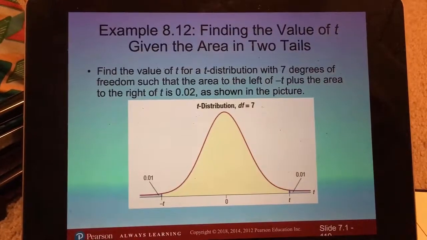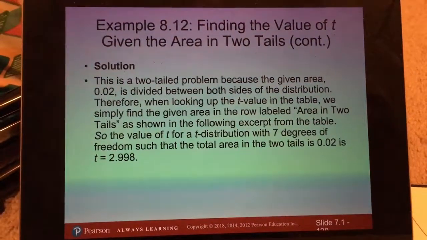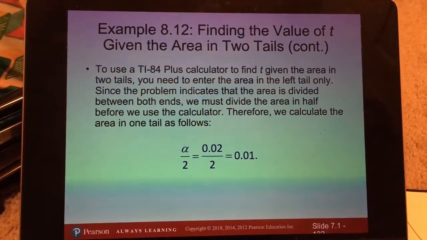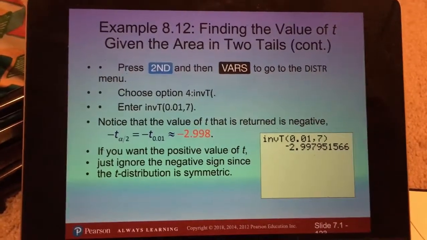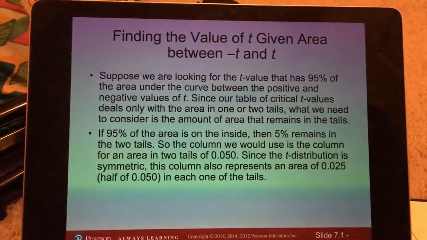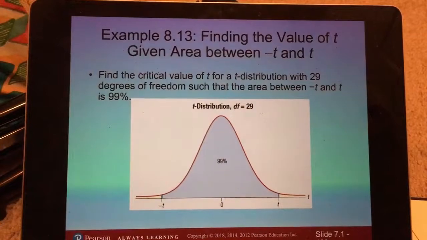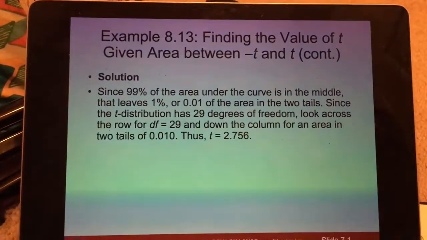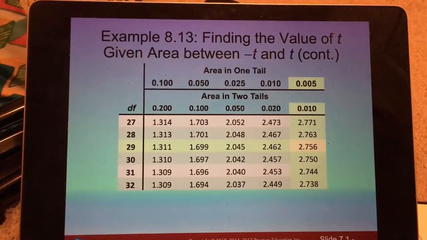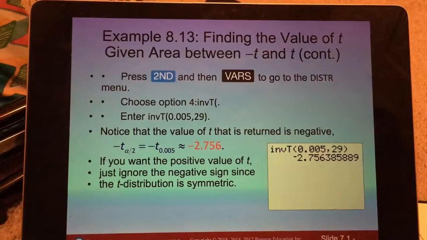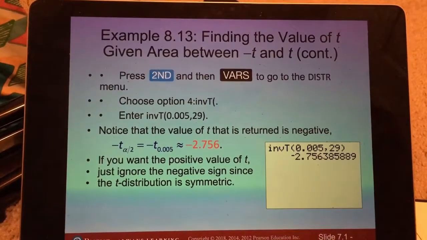Here's some more examples. Just follow through all these examples. The t distribution is so easy to learn, but I just wanted to make sure you had a very thorough understanding. Remember, your PowerPoints are posted, and you can go through these very succinctly and make sure you know how to use your t chart very well.